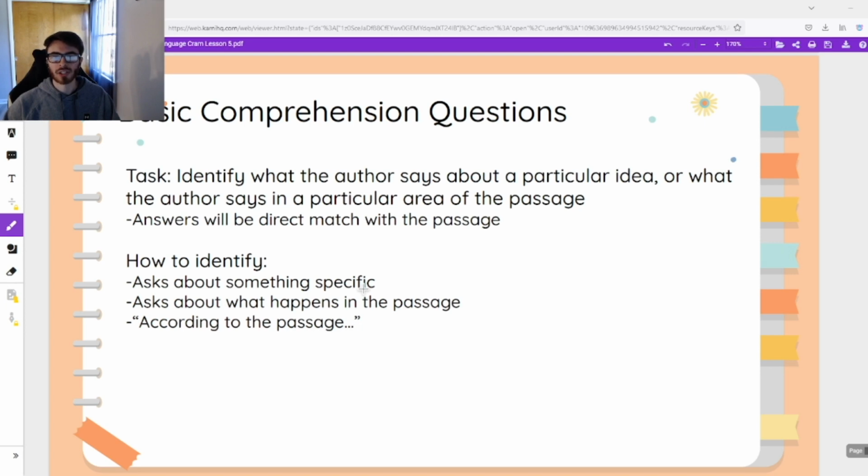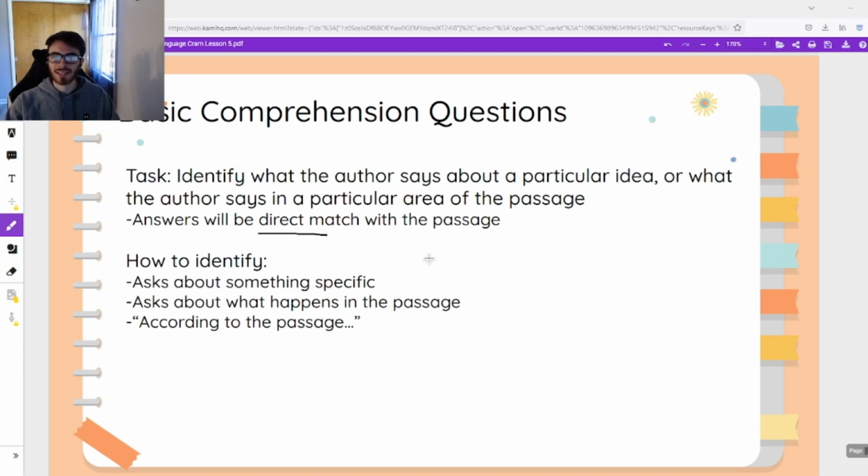It doesn't require you to connect any dots. It should be direct, straightforward. Doesn't mean it's going to be easy, right? Straightforward and easy are not the same thing. Doesn't mean it's easier or harder than other question types. It's just the most simple, I guess.